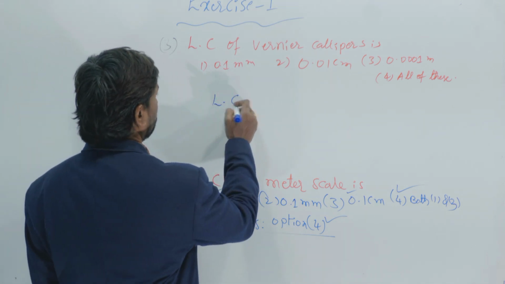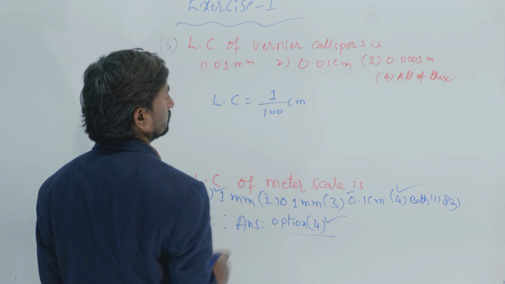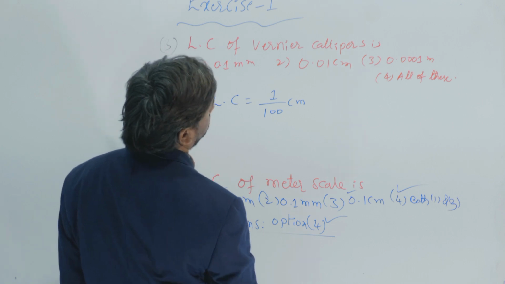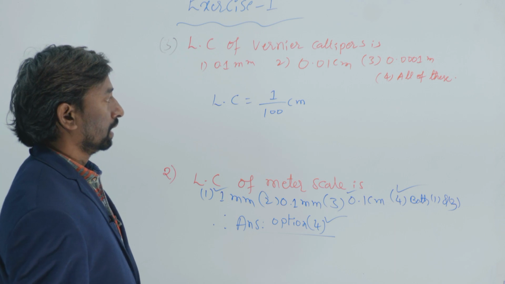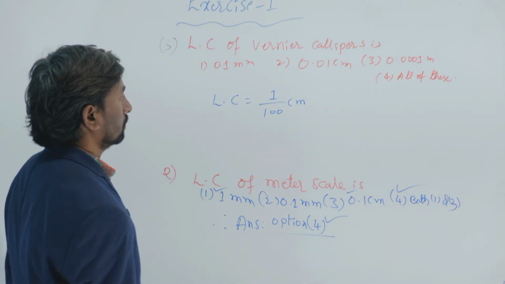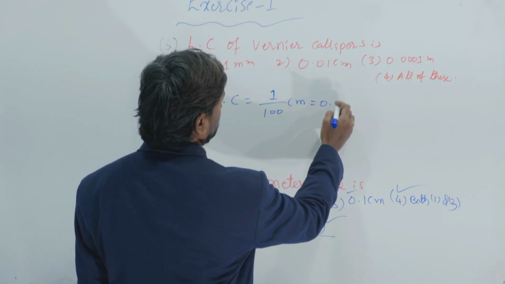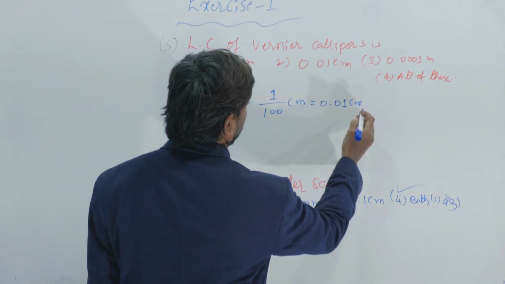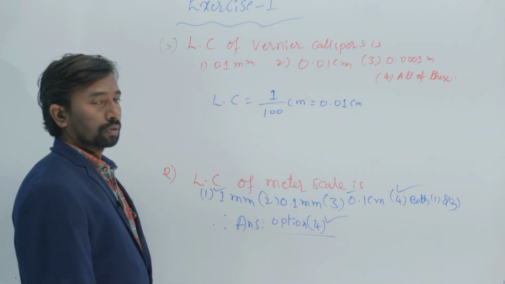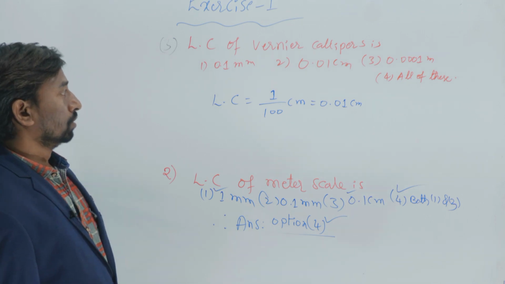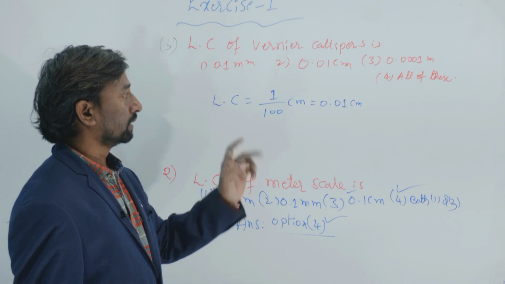So the least count of vernier calipers we can write as 1 by 100 centimeters. So this is 0.01 centimeter. In the vernier calipers there are two scales, the main scale and the vernier scale.